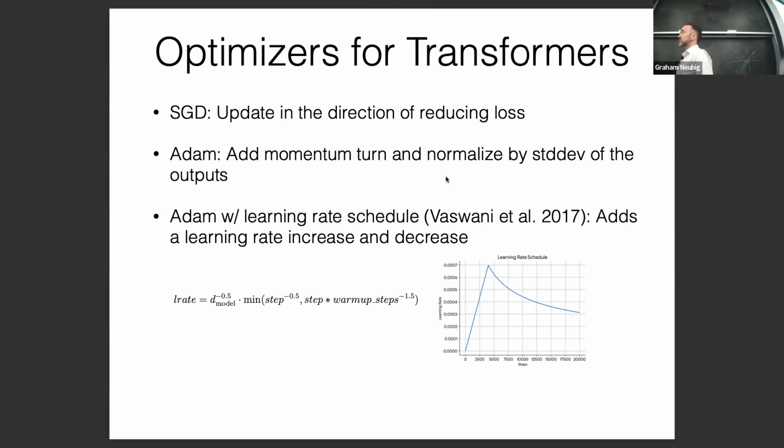A new thing that was introduced by Vaswani et al. when they introduced transformers was a learning rate increase and decrease. And the way this works is they gradually increase the learning rate until you get to a set number of warm-up steps. And theirs, they did 4,000 warm-up steps. And then they gradually decrease it.